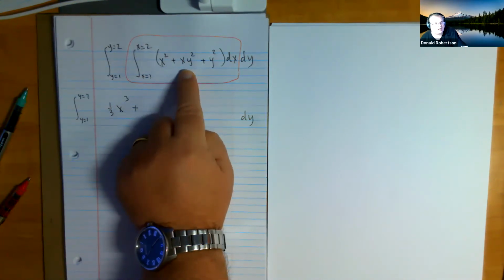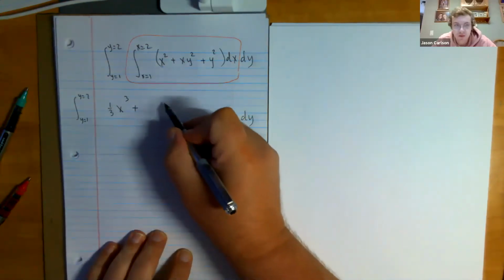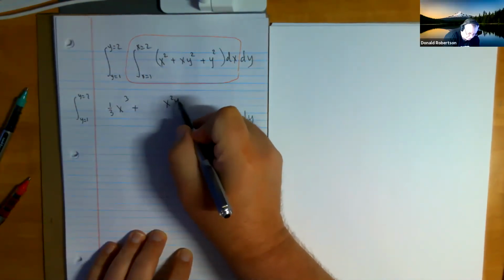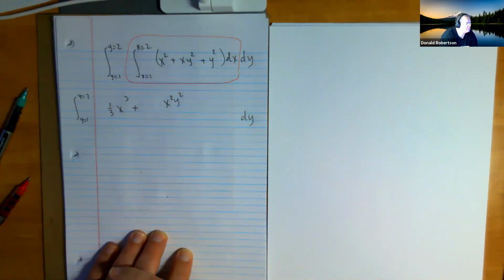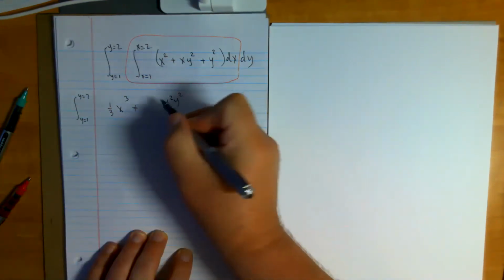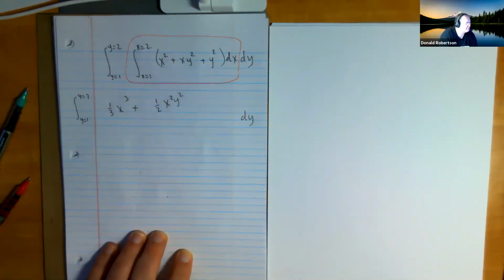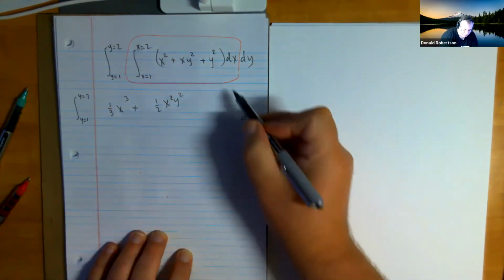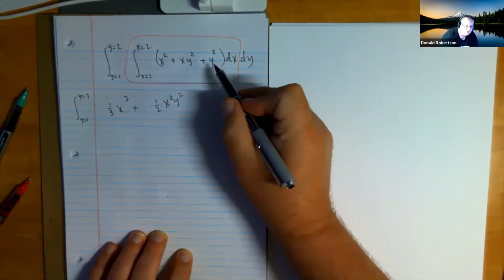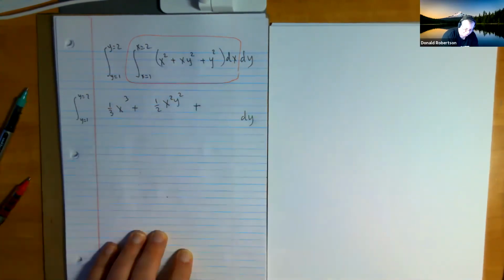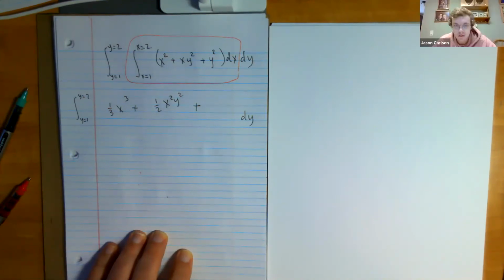With respect to x, what does xy squared get you? x squared, y squared over 2. Okay, I hear x squared, y squared. Was that over 2? Yes. And nothing wrong with over 2. I'm just going to call it a half. That's just me. y squared. What does that get you? x y squared.